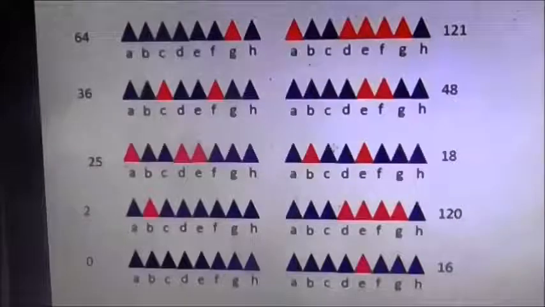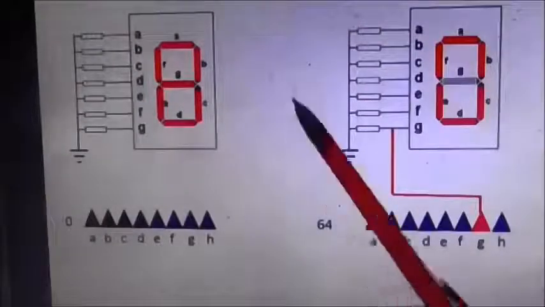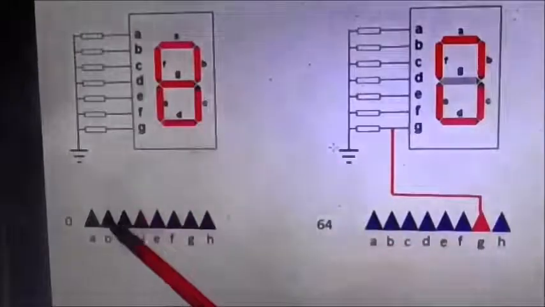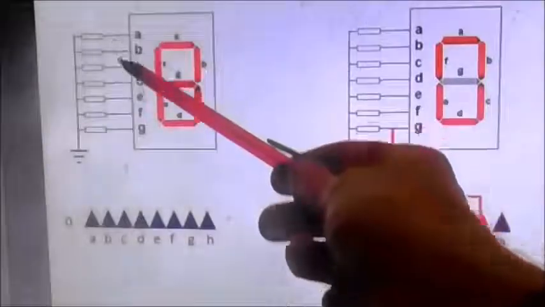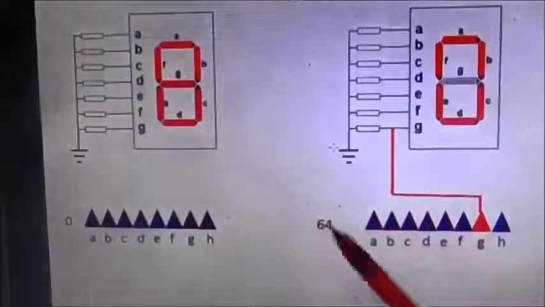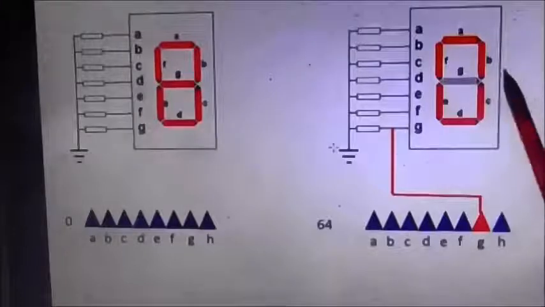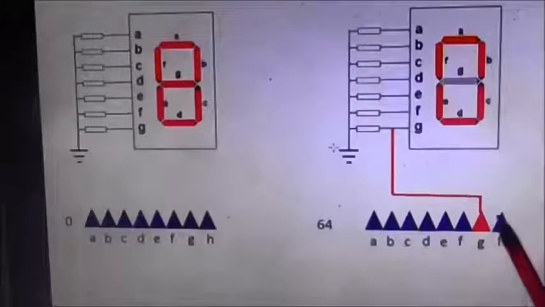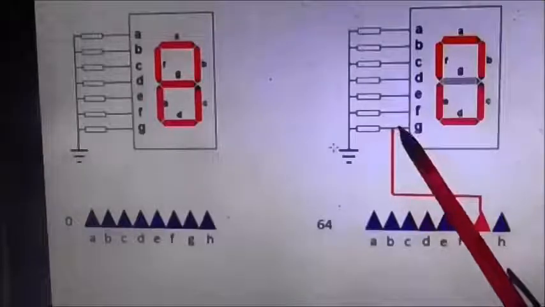And the idea is rather like this. So there's the display 8. We don't send a signal to any of the cathodes here, and all the display segments shine. And there's a display number 0, and what we do is we send a signal to cathode G here.